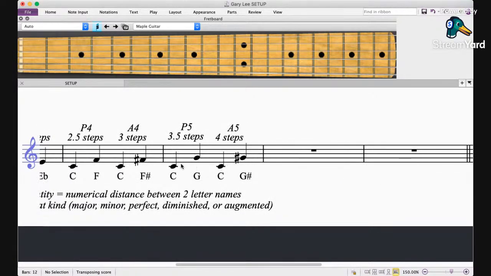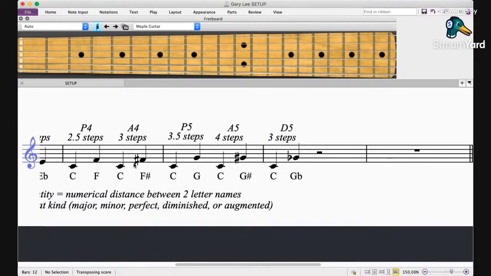Or we can have C to G flat, and this is a diminished fifth, and it's 3 steps apart.